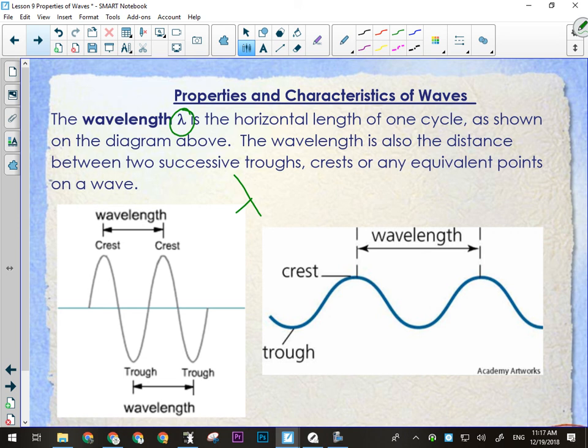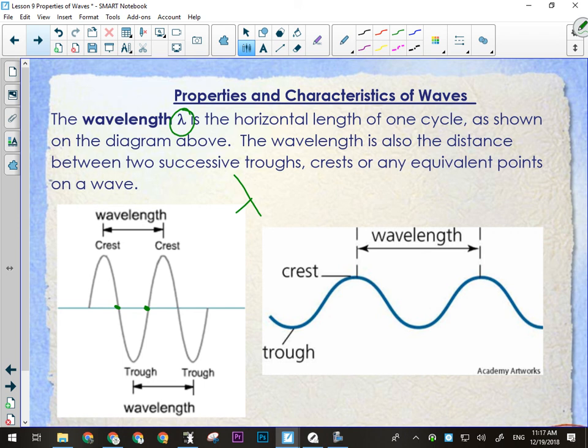So it's the distance between any two successive equal points on a wave. That could be one crest to the next crest, one trough to the next trough, equilibrium going up to the next equilibrium going up, and so on. And the reason I say that is, this point and this point do not have one wavelength between them, even though they're both equilibrium. They're not equal successive points.